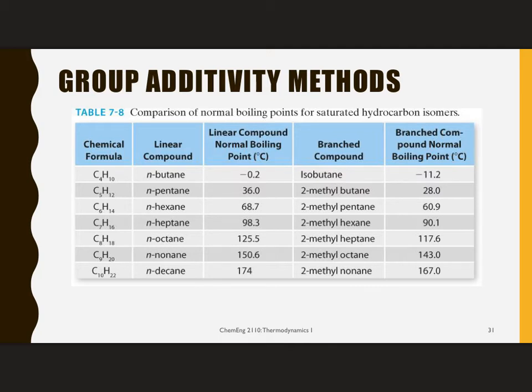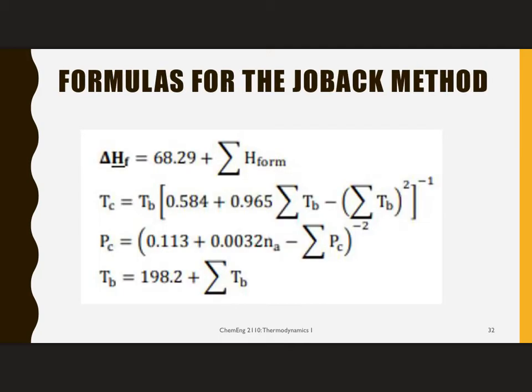This is sort of the motivation behind group additivity methods. What they look at is the size of the molecule and how each atom is attached to the next. There are formulas that are used for the Joback method, which is the group contribution approach that is in our textbook.